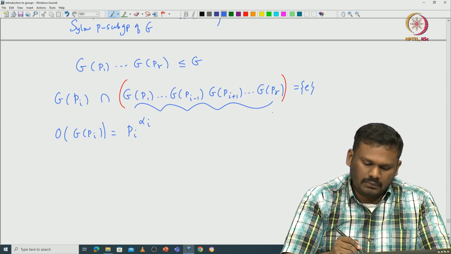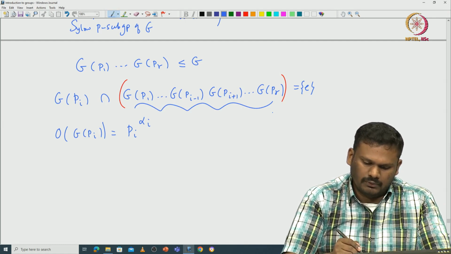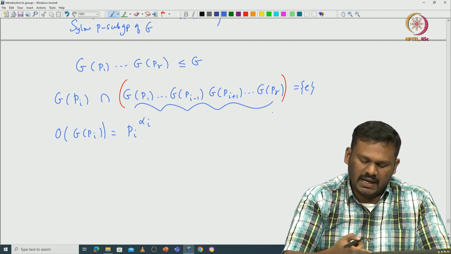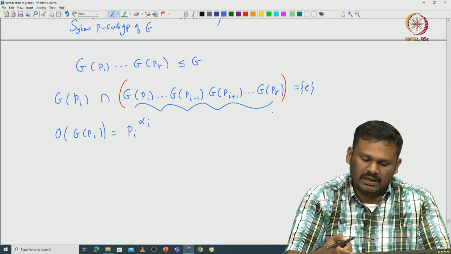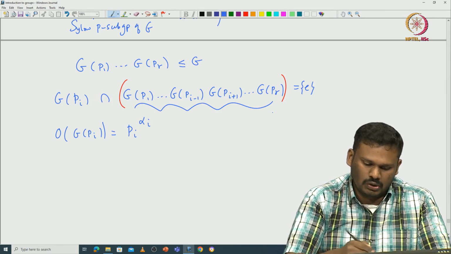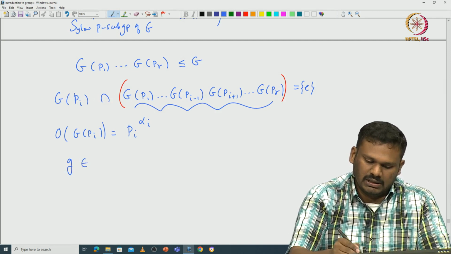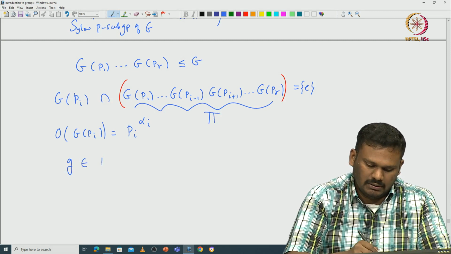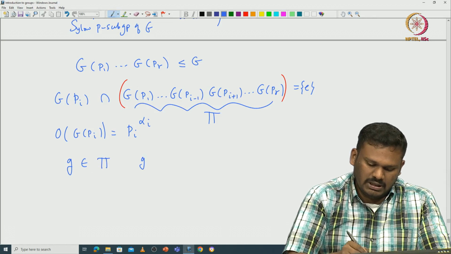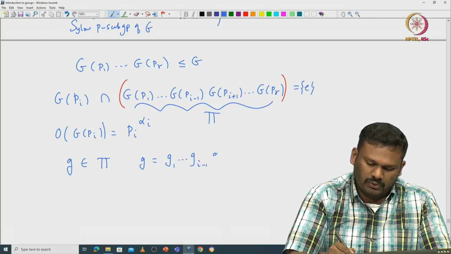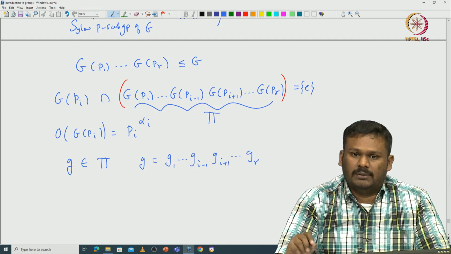So, if you take any element from this product, how is it going to look? Let us take some G which is in this product. Then this G can be written as G1 etcetera, G(i minus 1), G(i plus 1) etcetera, Gr. So, that much we know.